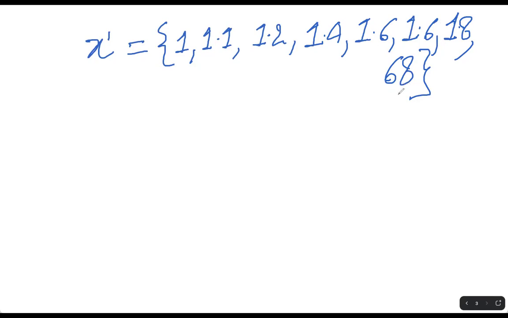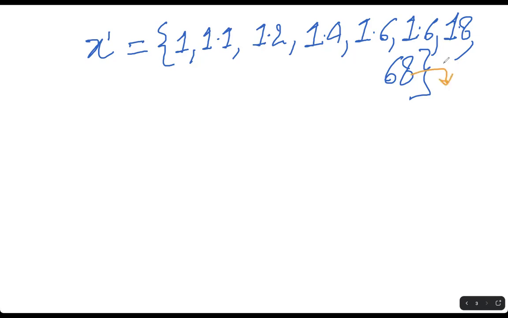Obviously, this is an outlier because all these numbers lie between 1 and 2. My 7 observations lie between 1 and 2, except this 68. So this is your outlier.